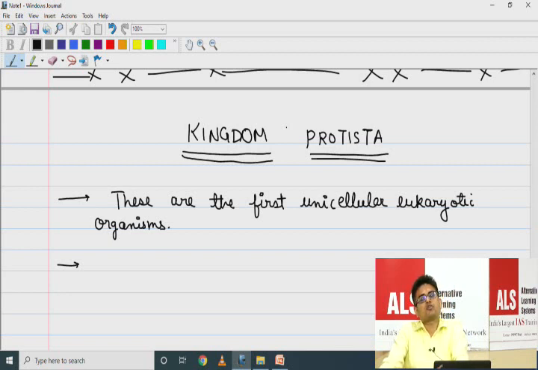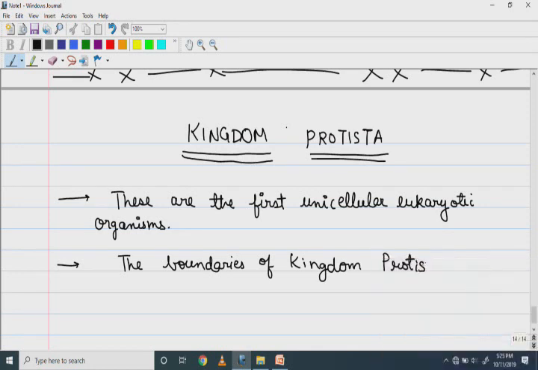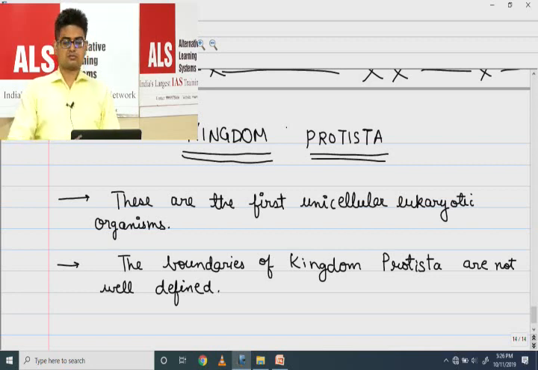The boundaries of Kingdom Protista are not well defined at all.